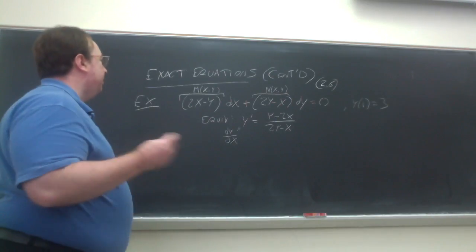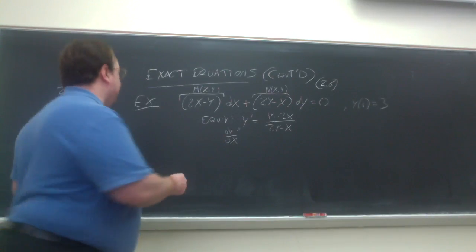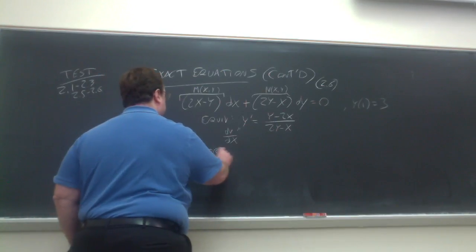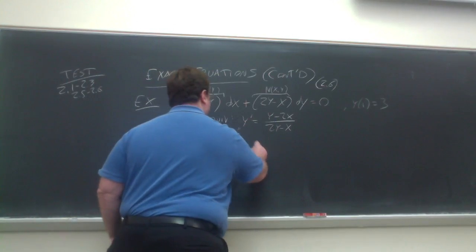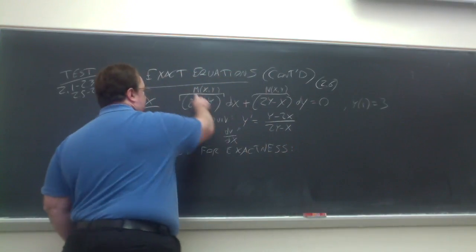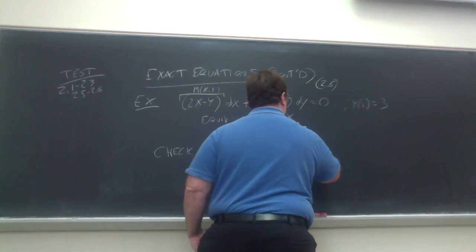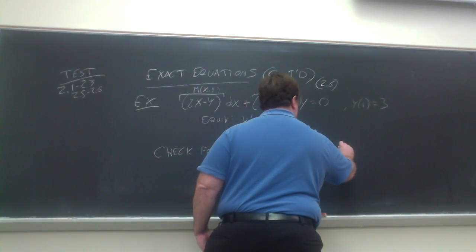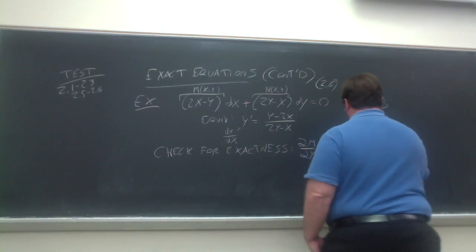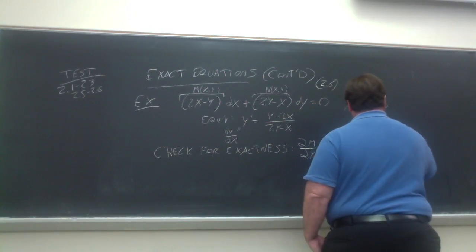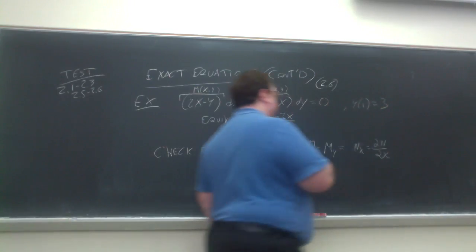Okay. So now what you do is your check for exactness. And that check is the partial derivative with respect to y, also known as M sub y, is that equal to N sub x, so partial of N with respect to x.